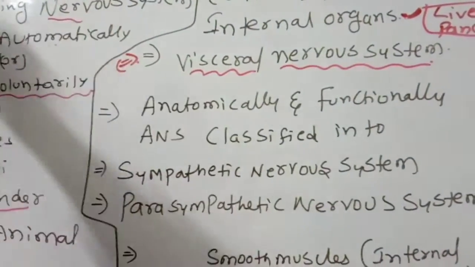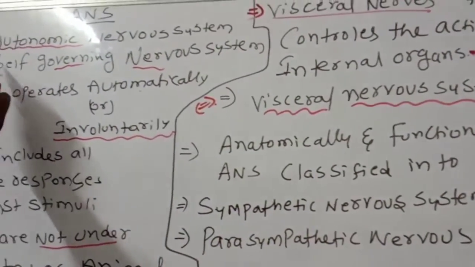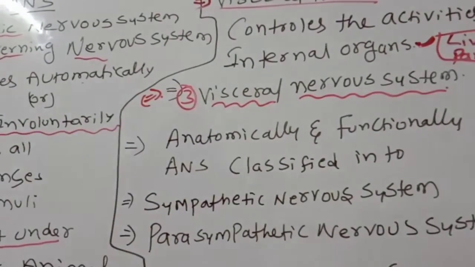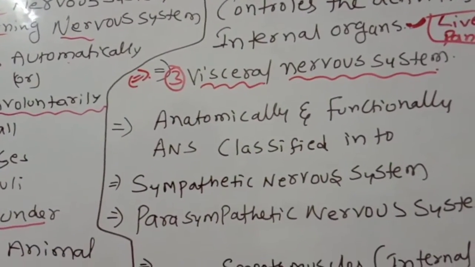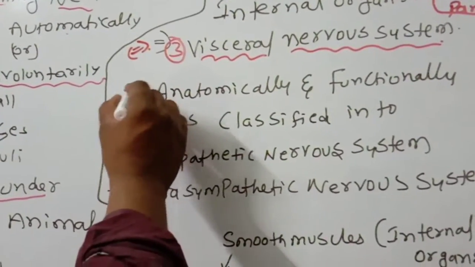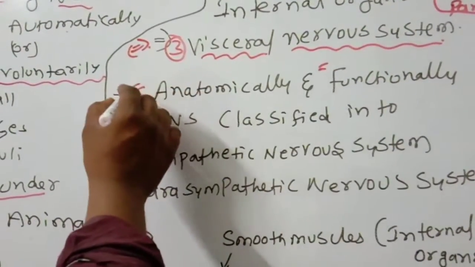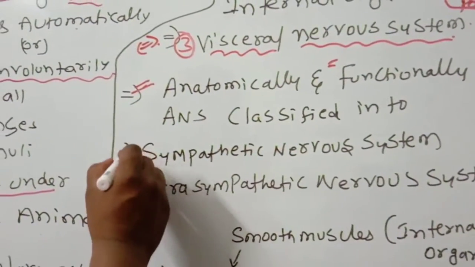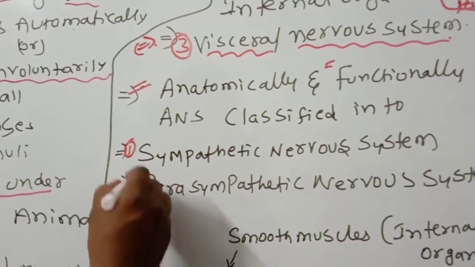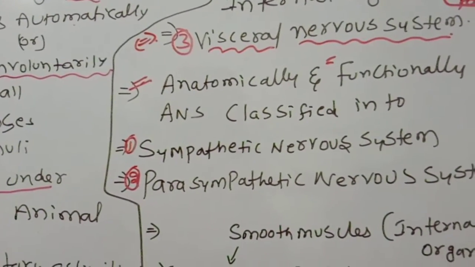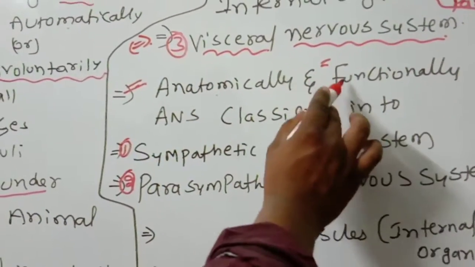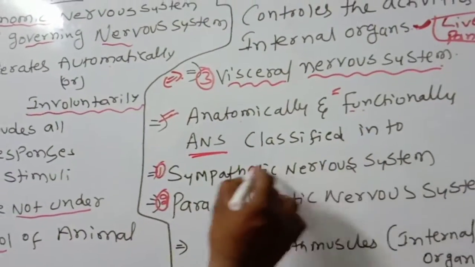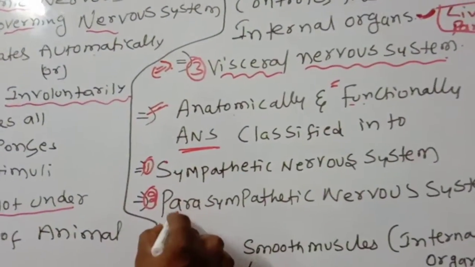How many names? One is autonomic nervous system, number two, self-governing nervous system, number three, visceral nervous system. Based upon anatomy and function, the autonomic nervous system is classified into the sympathetic nervous system and the parasympathetic nervous system.